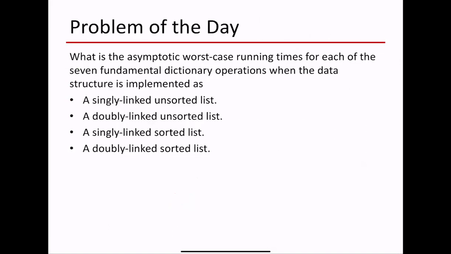Okay, then problem day, let's solve this problem. What is the asymptotic worst case running time for each of the 7 fundamental dictionary operations when the data structure is implemented as a singly linked list or doubly linked list, unsorted or sorted? Clear? You understand the problem, right?